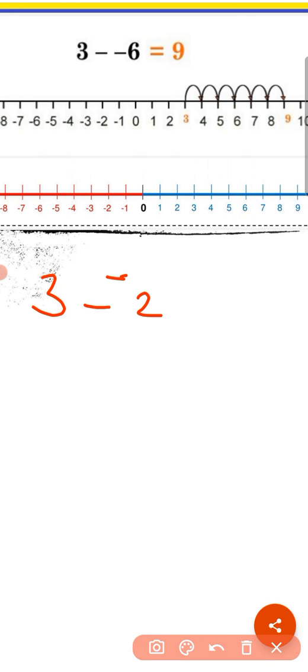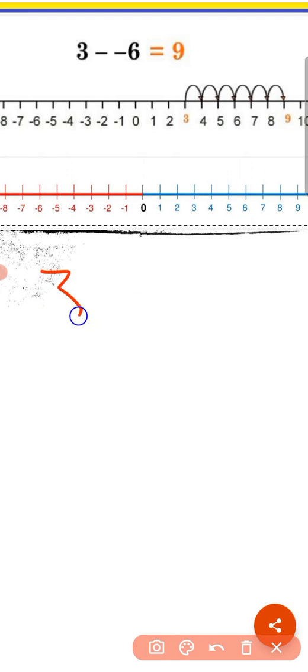So you should move to the right side. So locate 3 first. This is 3. From here, 2 steps to the right side. 1, 2. So which is our answer? 5. 5 is our answer.